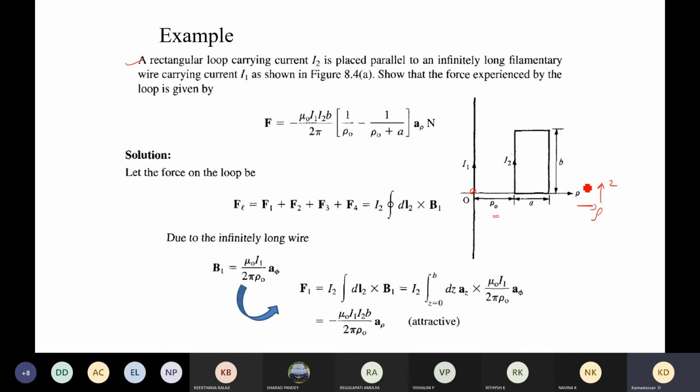In this plane it is kept, and it has a width of A and a height of B. This height is available along the z direction, and this A is available along the rho direction. Now you can easily imagine a cylinder coming out of that.